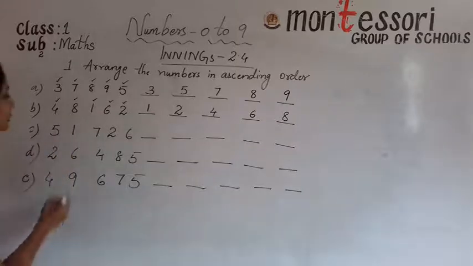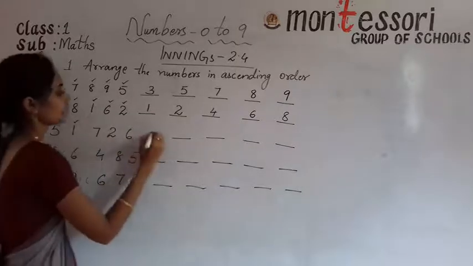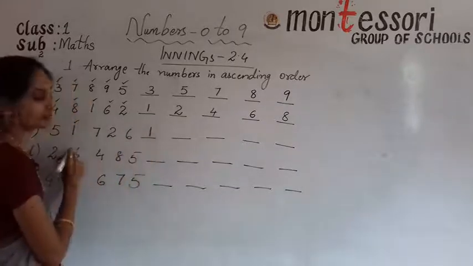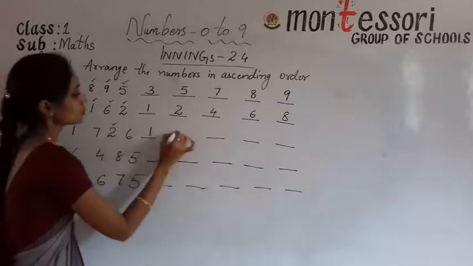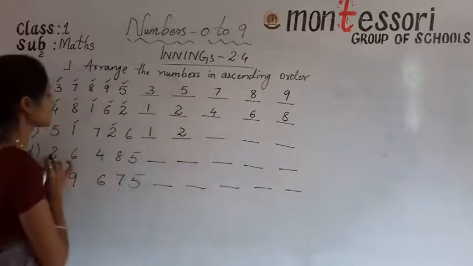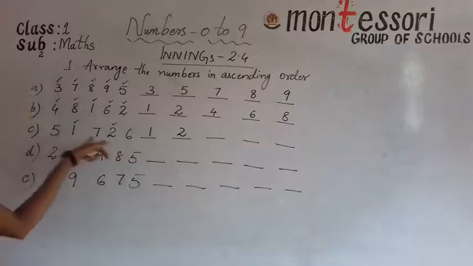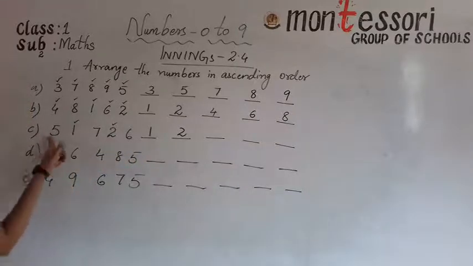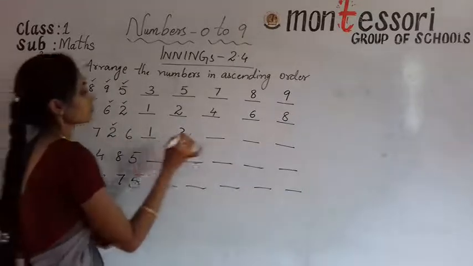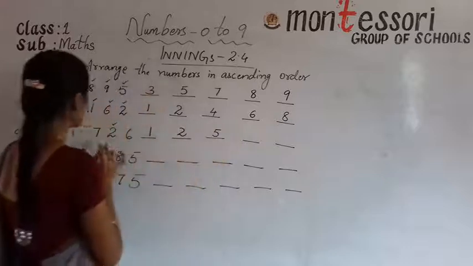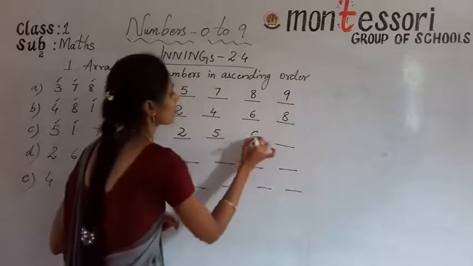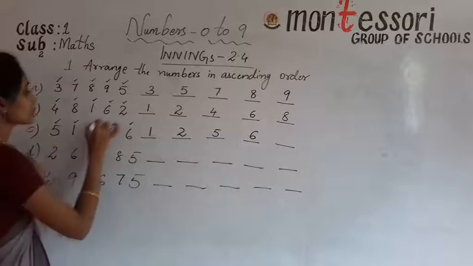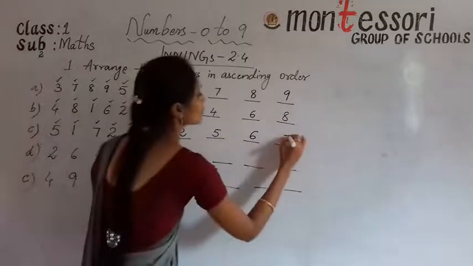Which is the smallest number? 1. Next 5, 7, 2, 6. 2. Next 5, 7, 6. 5 is the smallest. Next 7, 6. 6. Next one is 7.